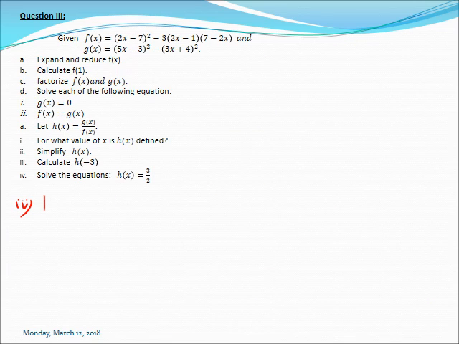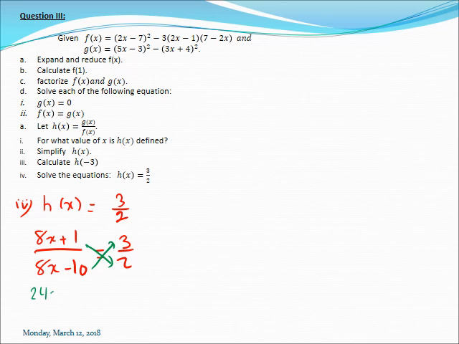Now part 4, h of x equals 3 over 2. The simplified form of h of x is 8x plus 1 over 8x minus 10 equals 3 over 2. Now cross multiplication. 3 times (8x minus 10) is 24x minus 30, equals 2 times (8x plus 1), 16x plus 2.